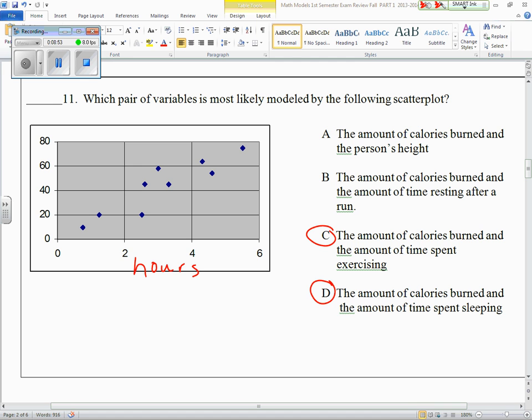So if this is in hours, then after 6 hours of sleeping, I might have burned 80 calories. I'm not eating while I'm sleeping, so it could be either one. I'm going to go with exercising because I don't think they would have thought that far into it about sleeping. The most logical answer would be exercising, and this being in minutes.